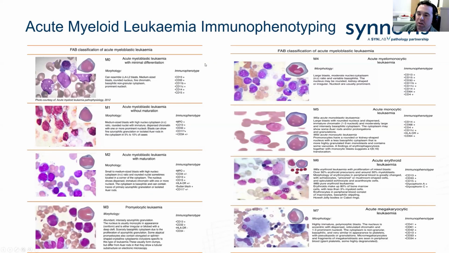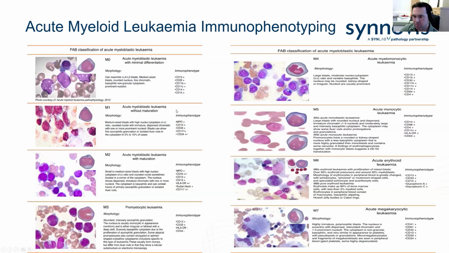So this is a way of determining what type of AML patients have, and it's based on the maturation and the immunophenotype that we see expressed on the surface of the myeloid cells or the blast cells. So here you have M0, which is minimal differentiation.